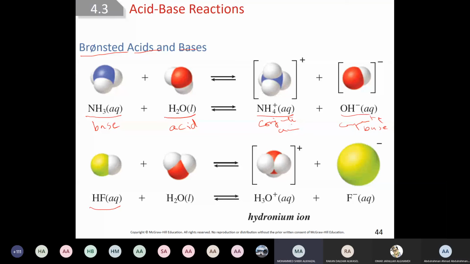Just a second. What happened here? The hydrogen. H3O gives H, so this means what? Acid. This one is acid, this one is base, this one is conjugate acid, and this one is conjugate base.